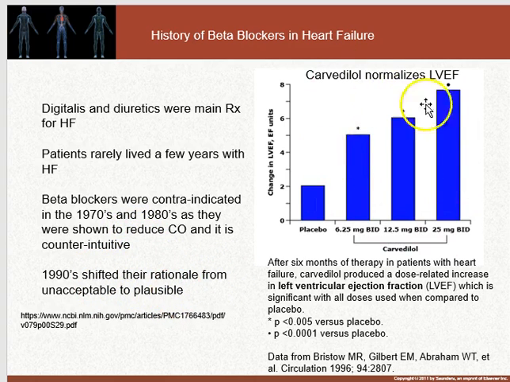This is just one example. We see a change in left ventricular ejection fraction over 6 months of therapy in patients with carvedilol. And look at this, over 6 months, based on the dose that patients are given, there's an increase in left ventricular ejection fraction, in spite of its inhibitory effect on cardiac output.